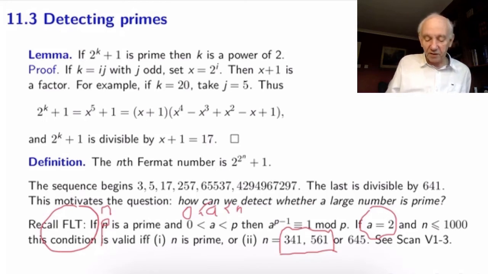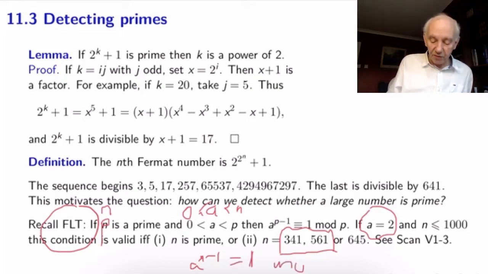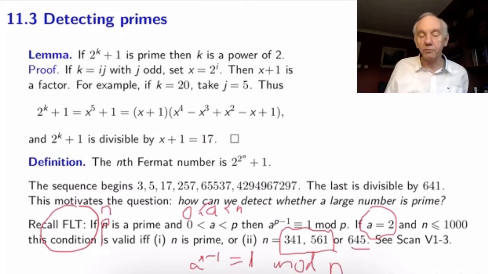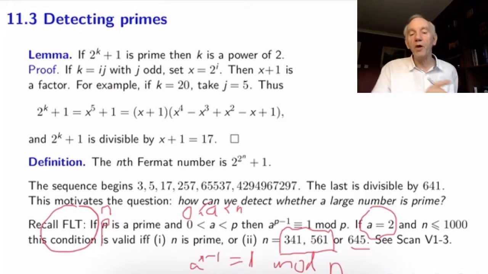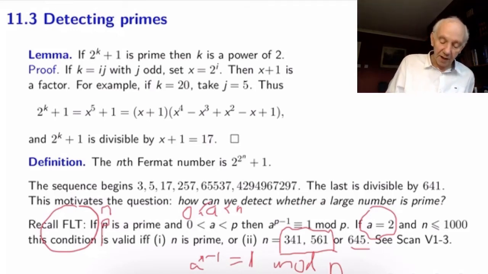So what I'm saying is that for these numbers, a to the n minus 1 is equal to 1 mod n, even though these two numbers are not prime. And in fact, there's a third number. We only went up to 600, but if you go up to 1,000, you'll find there's just one more number for which a to the n minus 1 is equivalent to 1 mod n.